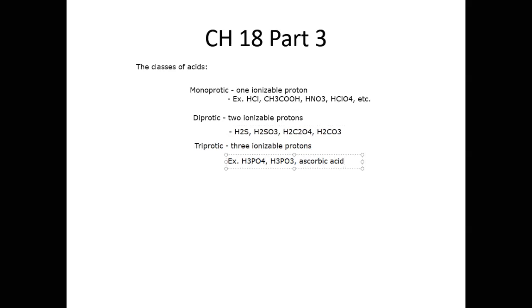These aren't as common, and when you understand how to calculate the pH of a diprotic acid, it's very similar for a triprotic acid as well. But these are the three classes of acid based on the number of ionizable protons. Generally, these are protons attached to a very electronegative element.